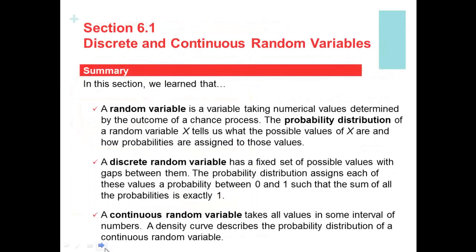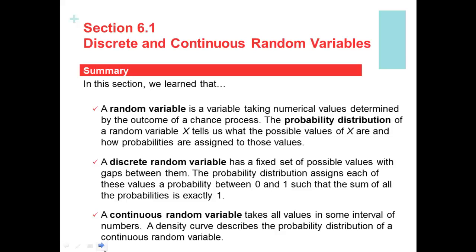In summary, reviewing discrete and continuous random variables. A random variable is a variable that takes on numerical values determined by the outcome of some chance process. The probability distribution of a random variable x tells us the possible values of x and how the probabilities are assigned to those values.